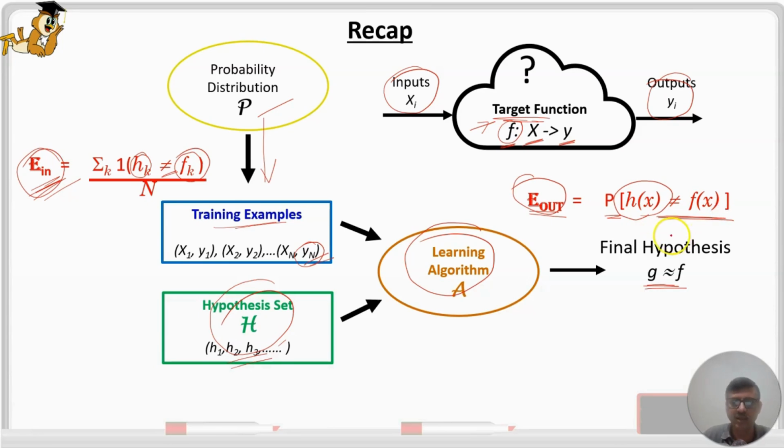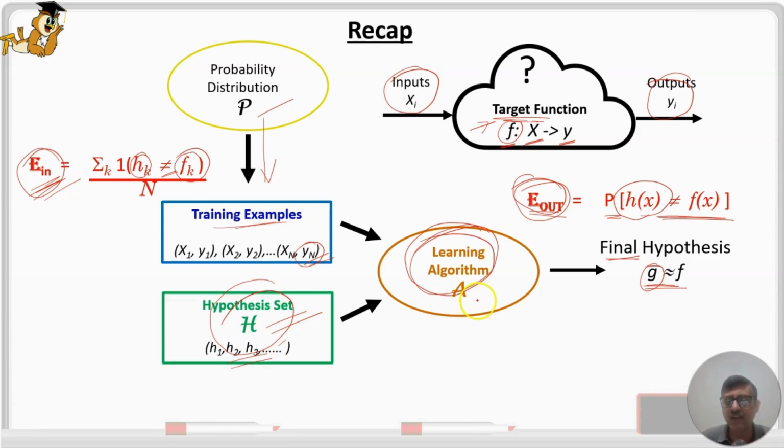The job of the learning algorithm, as we said, was to find the best hypothesis, which we denote by the letter G. Find the best hypothesis, also called the final hypothesis G, and G is such that it minimizes Eout. Eout is the probability of the error on unseen samples as well, not just on the training examples.